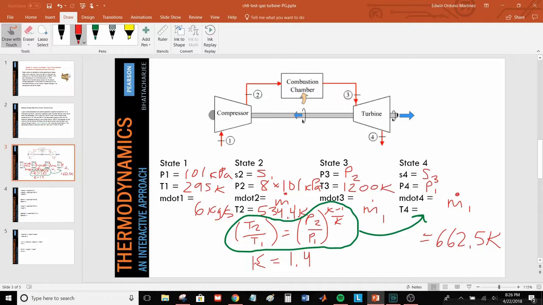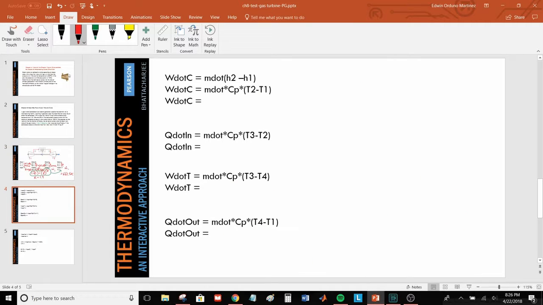Now with these 4 states ready, we can solve for the power in the compressor, which is mass flow rate times the change in specific enthalpy, which can be simplified to mass flow rate times specific heat times the change in temperature, given that Cp is 1.005.